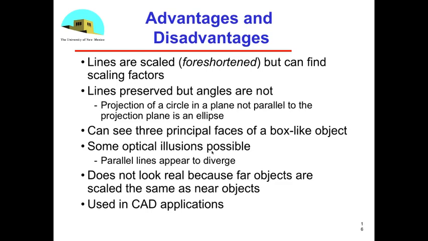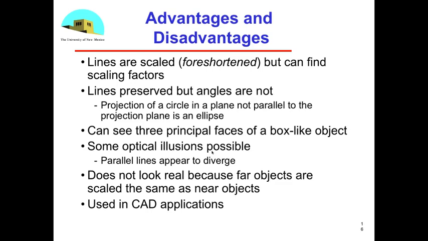converging or diverging. If you take a long, thin object, like say a long, thin cylinder, and you can see the top and the bottom and you project it, those sides that you see, what they're called silhouette edges, will really look like they're diverging as they go further away. And that really annoys some people because it's purely an optical illusion. If you were to measure them on a drawing or on the screen, they're not diverging, but they sure look that way.